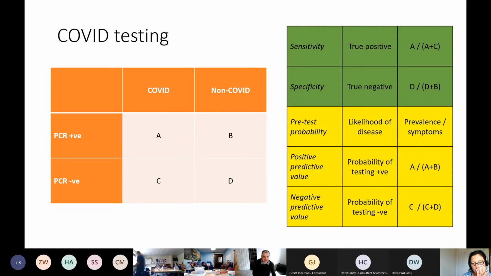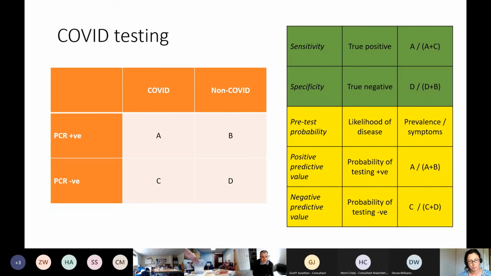And what that question is saying is, of the positive tests, so not of patients with COVID, but of the positive tests, what proportion had COVID or not had COVID? And so you've got A over A plus B, and similarly for the negative predictive value, the probability of testing negative in the absence of disease, you get C over C plus D.